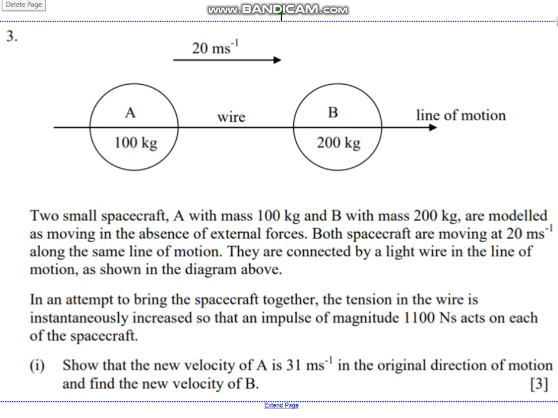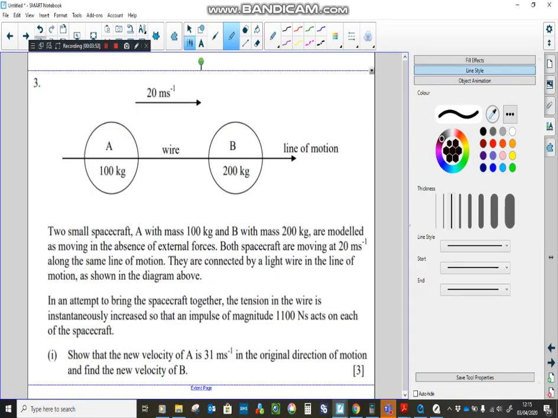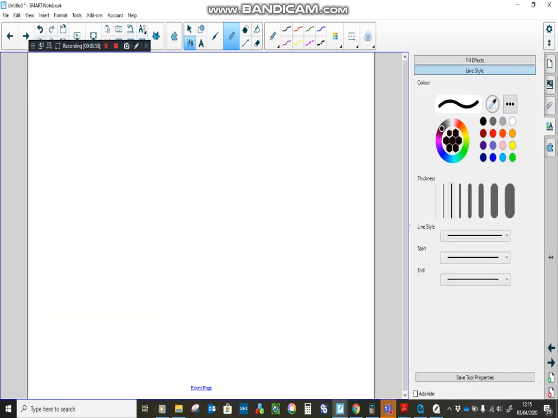Okay, where's my little thing on page? Right, there we go. So we know that our impulse is the change in momentum. Change in momentum. Sounds like Mr. Marshall's lefty writing there. Not that there's anything wrong with that.